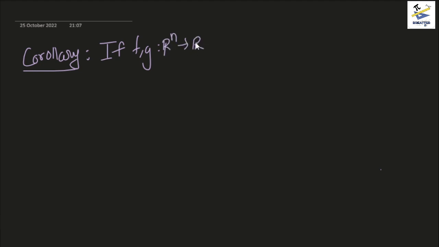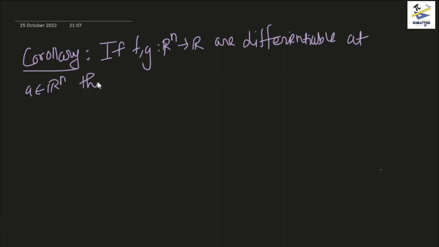So if f and g are functions from R to the power n to the real numbers and are differentiable at some a belonging to R to the power n, then the following also hold.